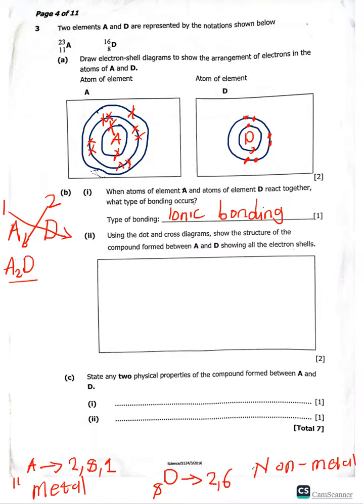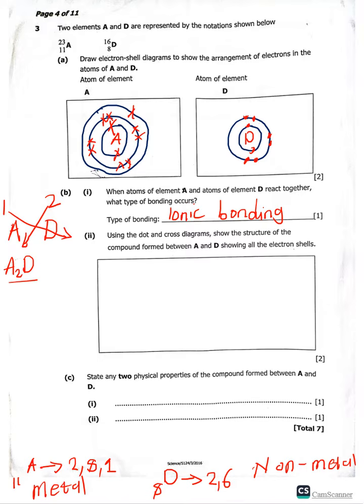So we need 2 atoms of A to contribute the 2 electrons that are needed by D. So the ratio is 2 to 1. 1 atom of A cannot satisfy 1 atom of D, since D needs 2 electrons to be satisfied, while A just needs to lose 1 electron to be satisfied. So A should invite another atom so that they are able to satisfy D.